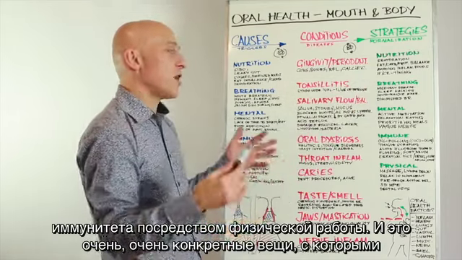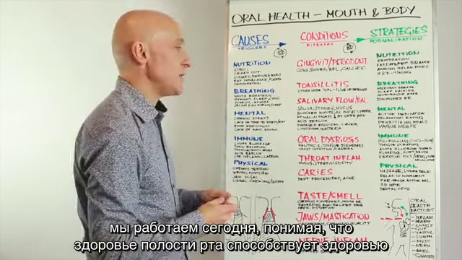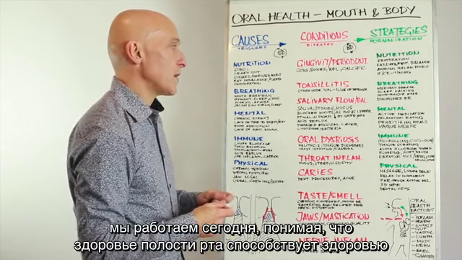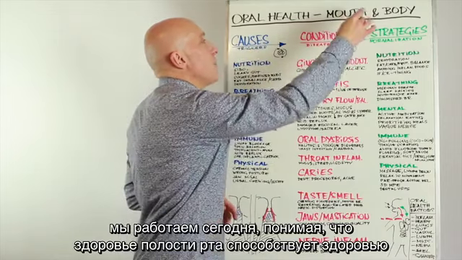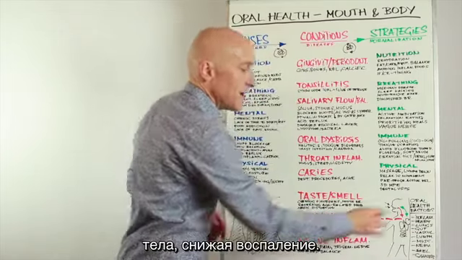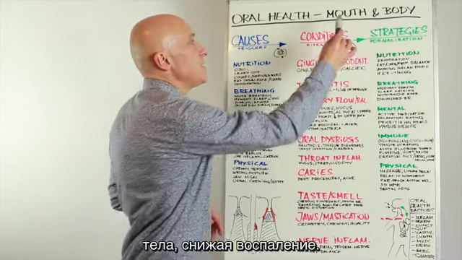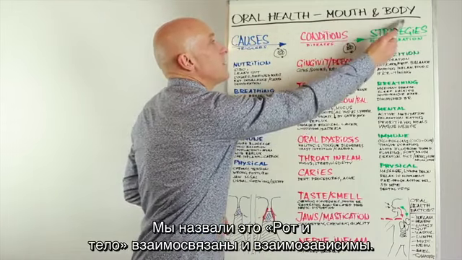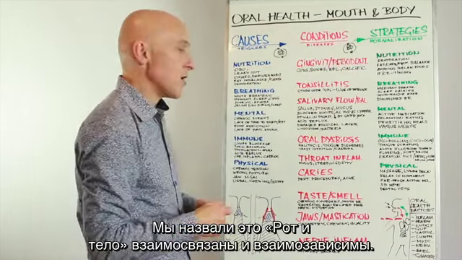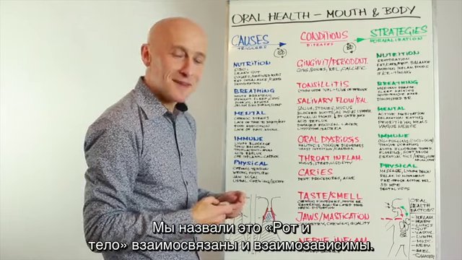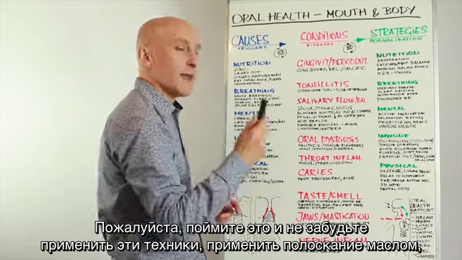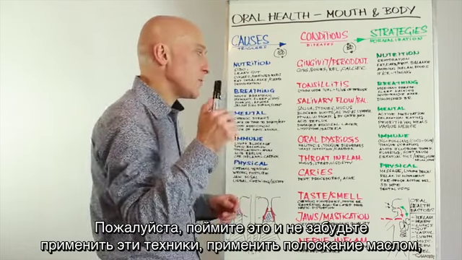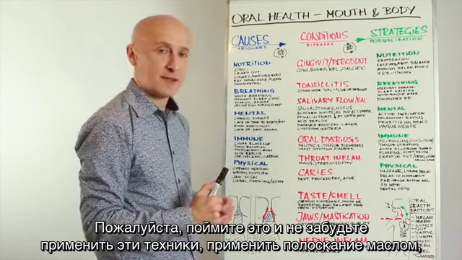Those are some very concrete things we've been working with today. Understanding that oral health promotes body health, lowering inflammation. We called it the mouth and the body are interconnected and interdependent. Please understand this and remember to implement these techniques.